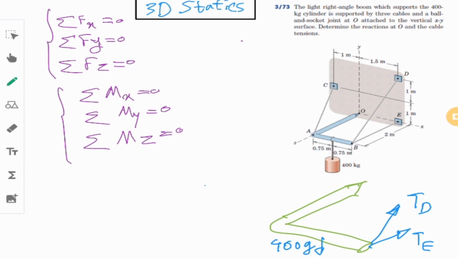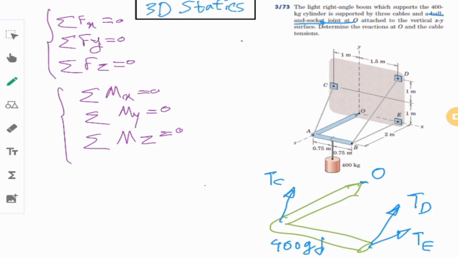And in point A, I get rid of the cable, put the effect of that, name it T of C, and going to point O, we can read here that there is a ball and socket joined at point O.